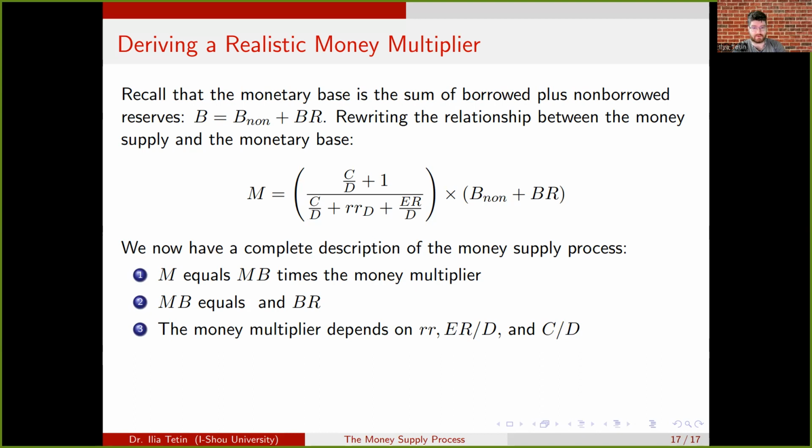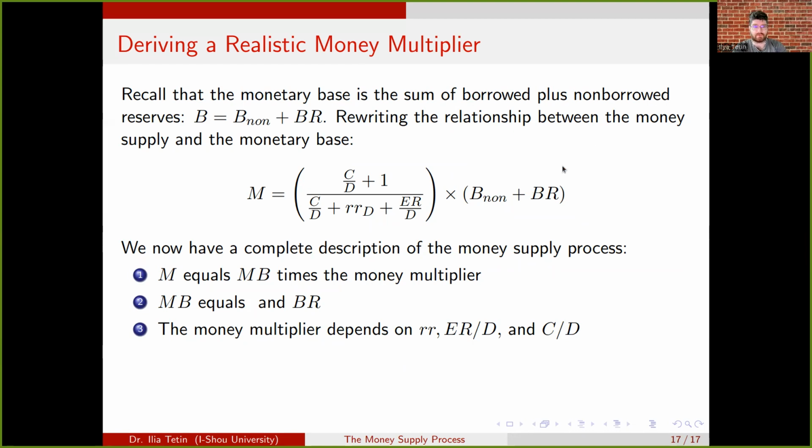So we have come to the end. If MB_n increases through the actions of the Fed in open market operations, it increases the money supply because the monetary base increases.